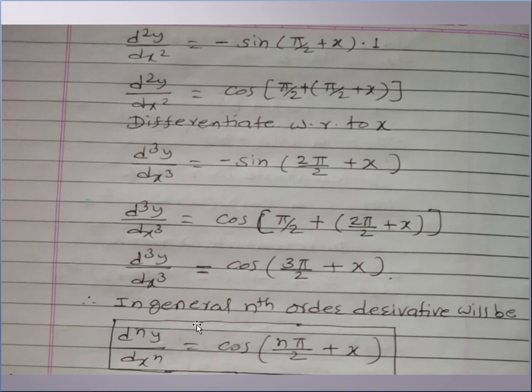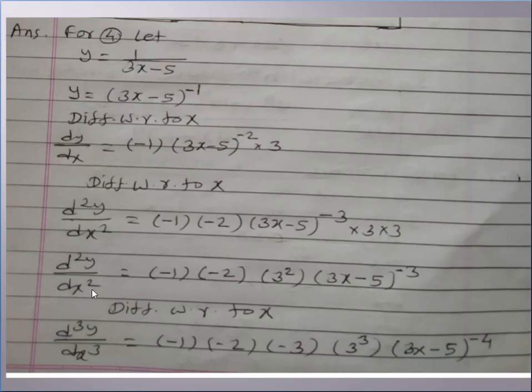Now we see the answer for the fourth example. Consider the given equation y is equal to 1 upon 3x minus 5. Now this can be written in the form y is equal to 3x minus 5 bracket raised to minus 1, by using rules of index.